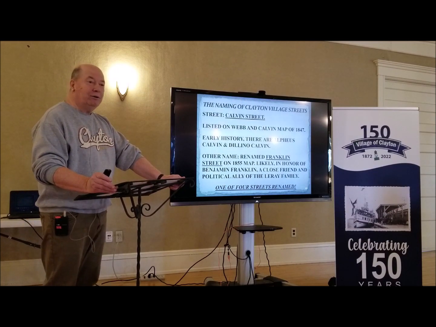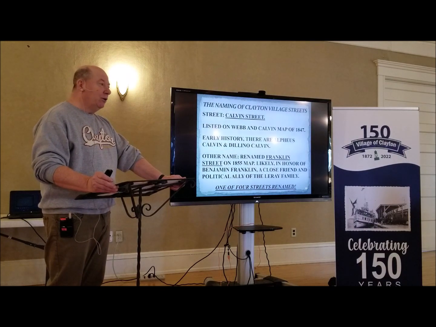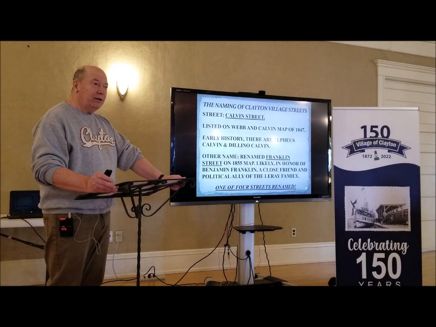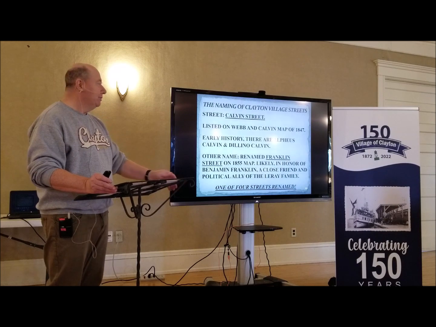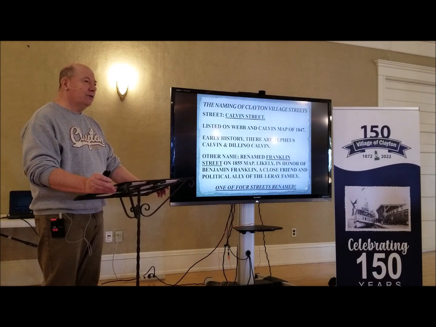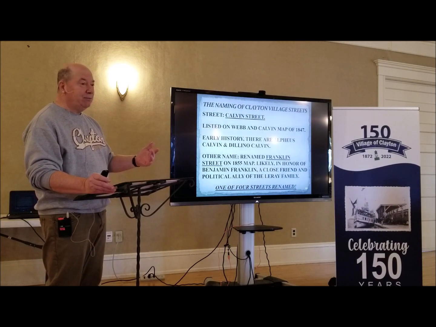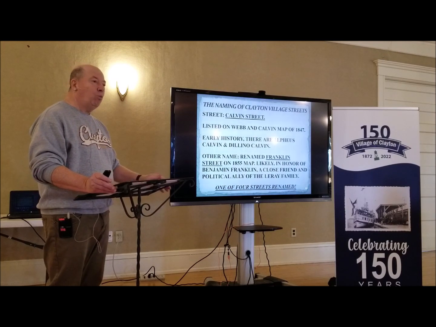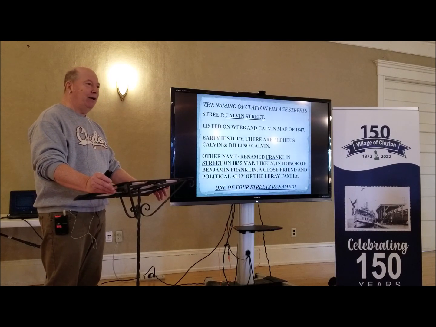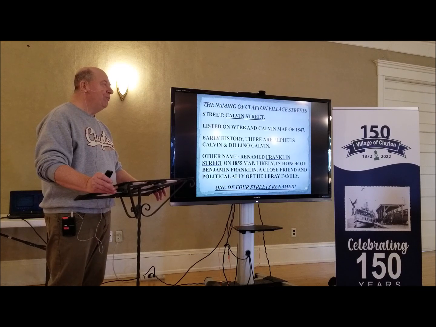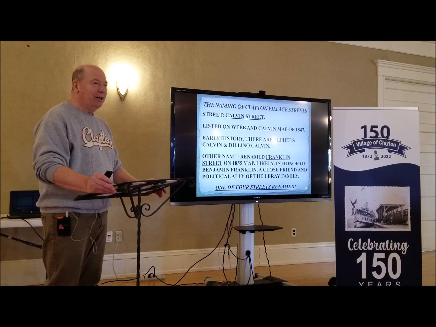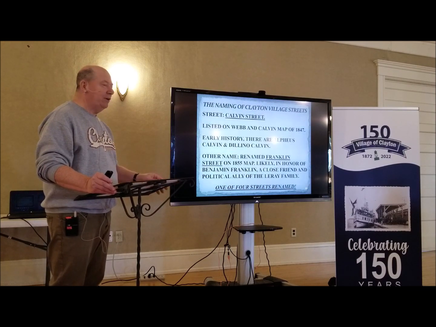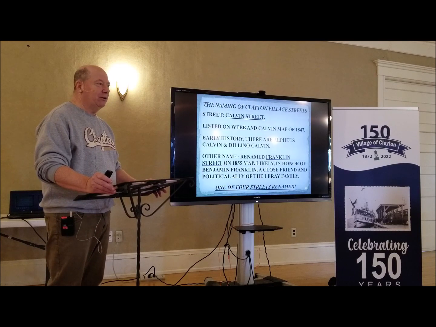And Benjamin Franklin had gone over to the Leray's home over in France on several occasions. All right, so it all makes perfect sense, logically, at least to me, that it's Franklin Street. But what happened to Calvin Street? We don't know. We just know that Calvin Street is no longer, as of 1855, a formal street in the Clayton Village.